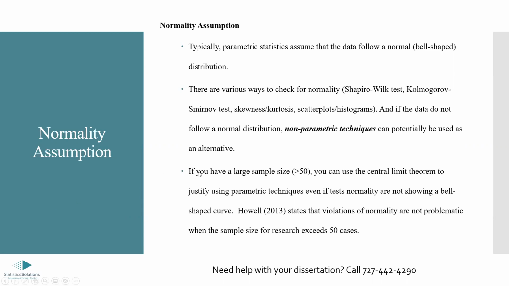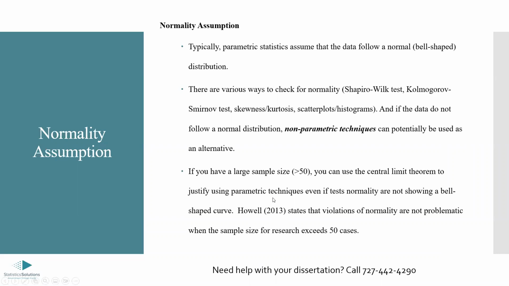The alternative is if you have a large sample size, then you can use the central limit theorem to justify proceeding with your ANOVA, t-tests, or regressions, even if the normality assumption is violated. So the central limit theorem basically says that the larger your sample is, the more it resembles a bell-shaped curve.